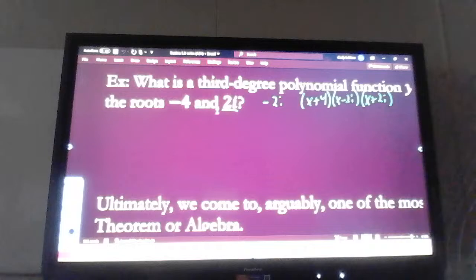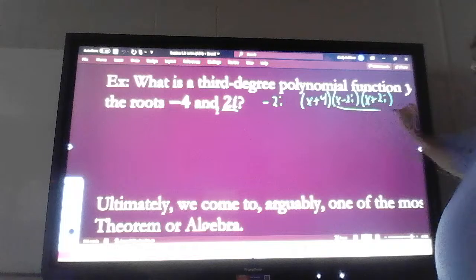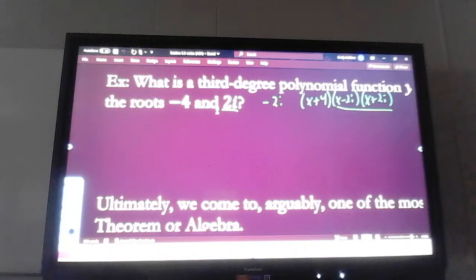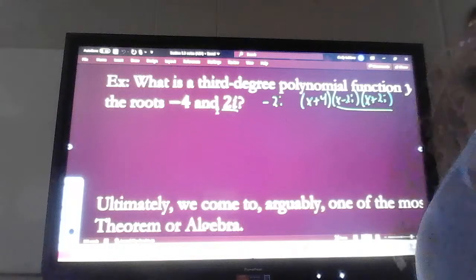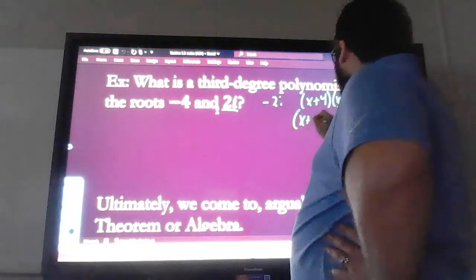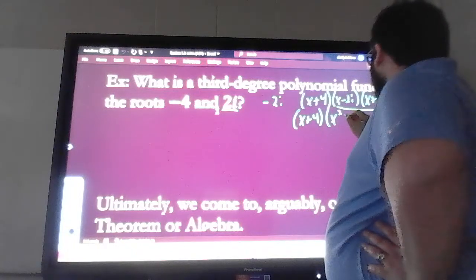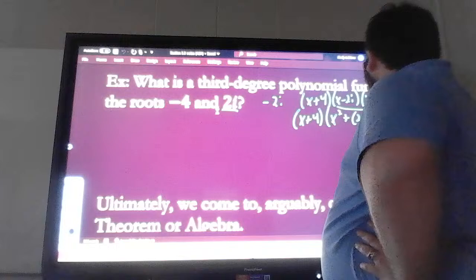Now, look at what I got here. If you recall from our section on complex numbers, this can be written as the sum of two squares, right? Because it's a complex number and its conjugate. So let's write it as the sum of two squares. X plus 4 times x squared plus 2i squared.